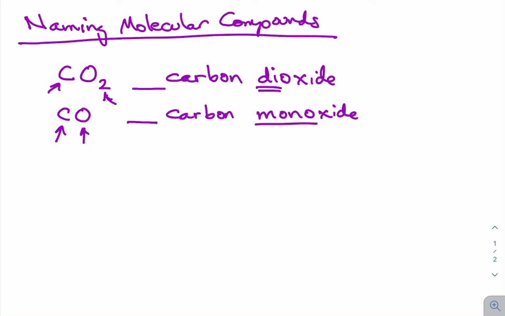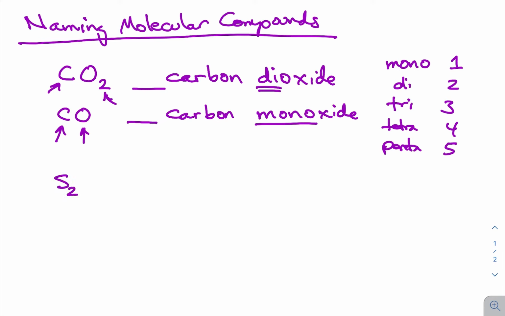Okay. There's a whole series of these prefixes that you need to be aware of. Mono is 1, di is 2, tri is 3, tetra is 4, penta is 5, etc. And you should just be familiar with those. So if you had a compound that was, say, S2F4, and a lot of times I use compounds, whether they're actually stable or not, as examples.